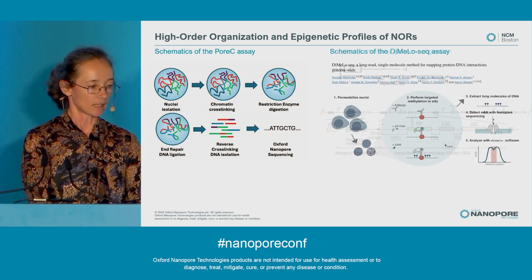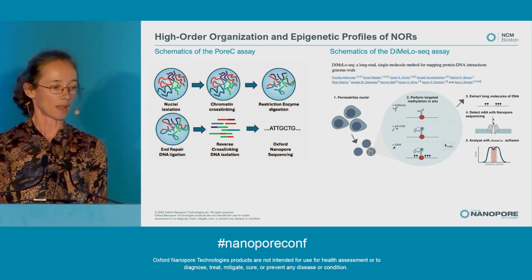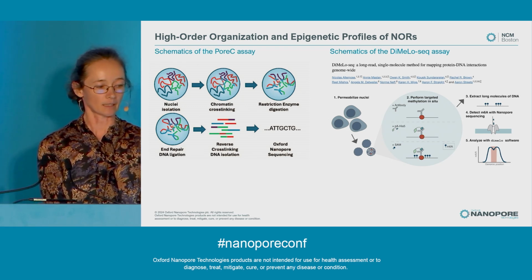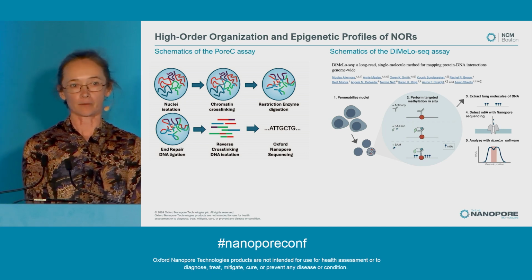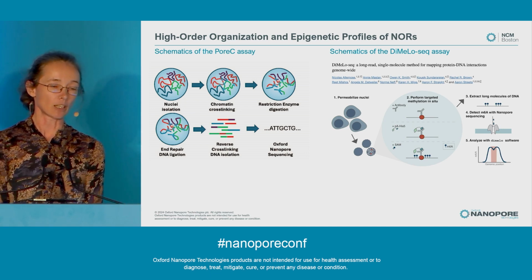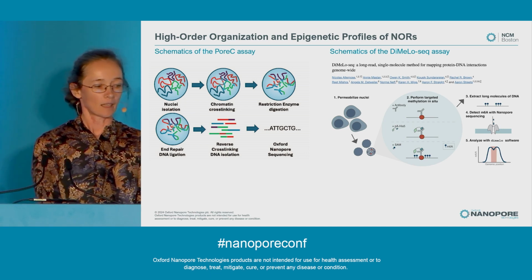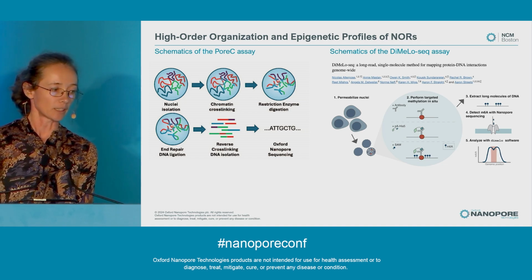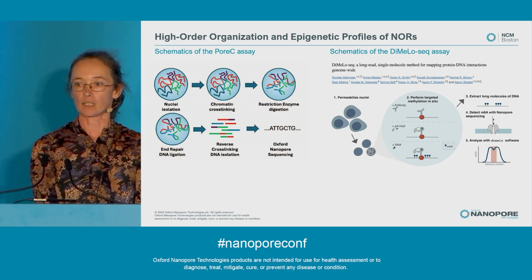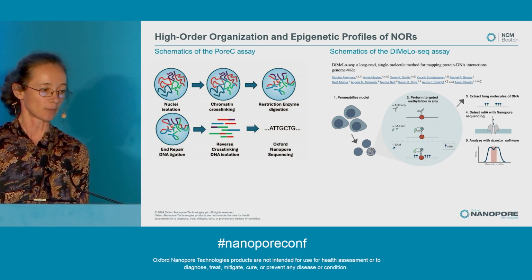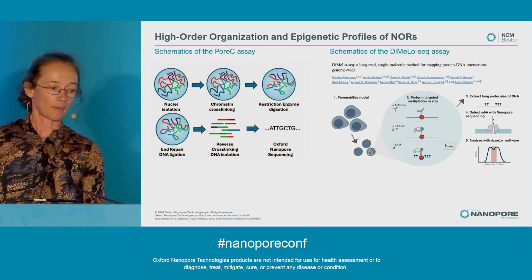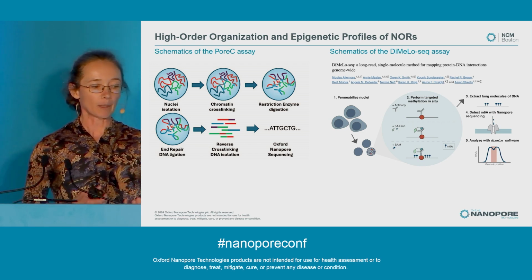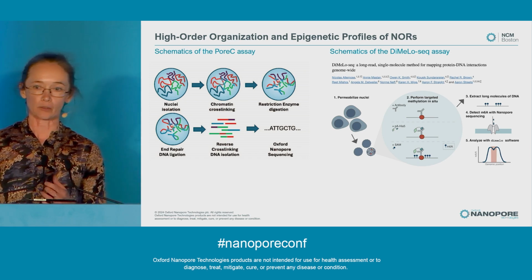Another method which we are using currently is the DiMeLo-seq assay. It stands for direct methylation and long-read sequencing assay. It is a very good assay to study epigenetic profiles of long, highly repetitive regions because it provides single molecule resolution for mapping protein-DNA interactions genome-wide.